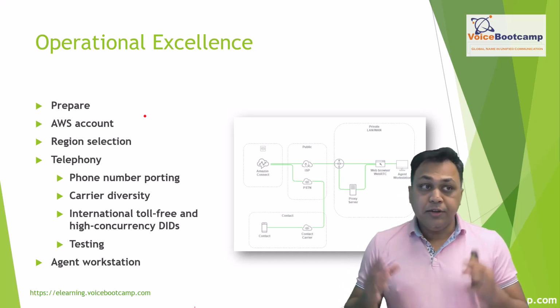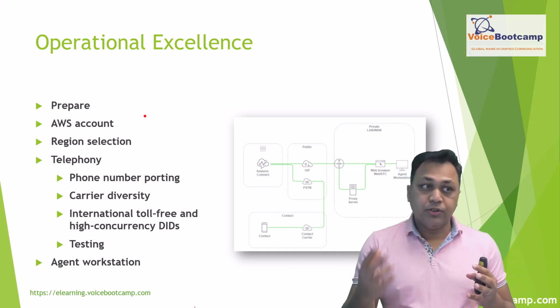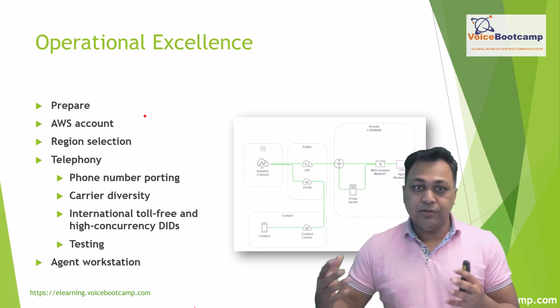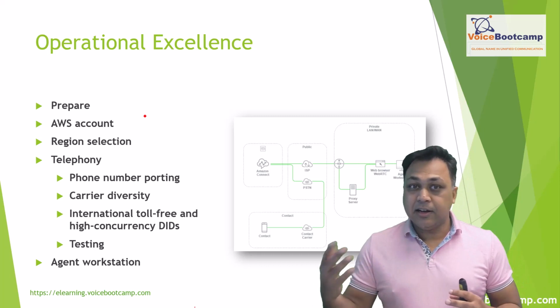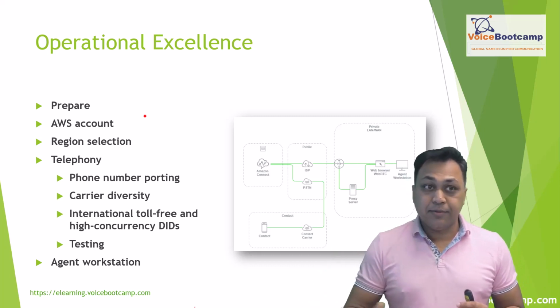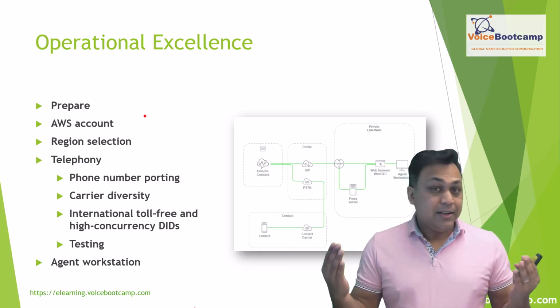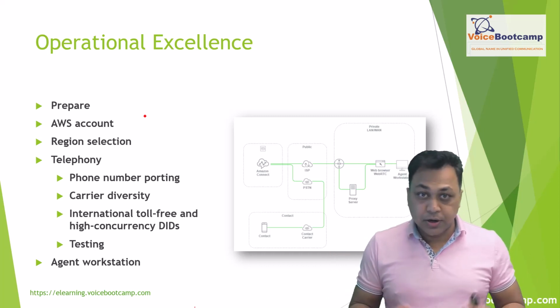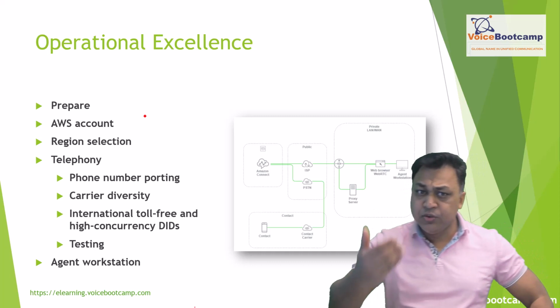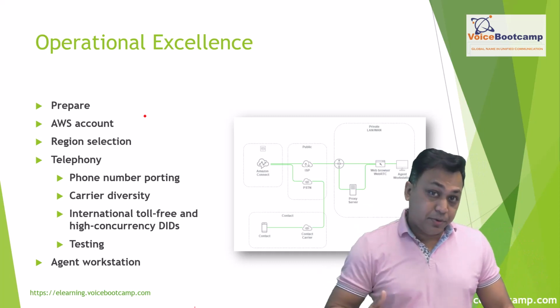For example, if your invoice shows that your company name is Voice Bootcamp Inc., but the account that you created on Amazon Connect happens to be Voice Bootcamp LLC, it's not going to match. So if you are going to port a number, this is one of the reasons why you want to create a separate account for that.